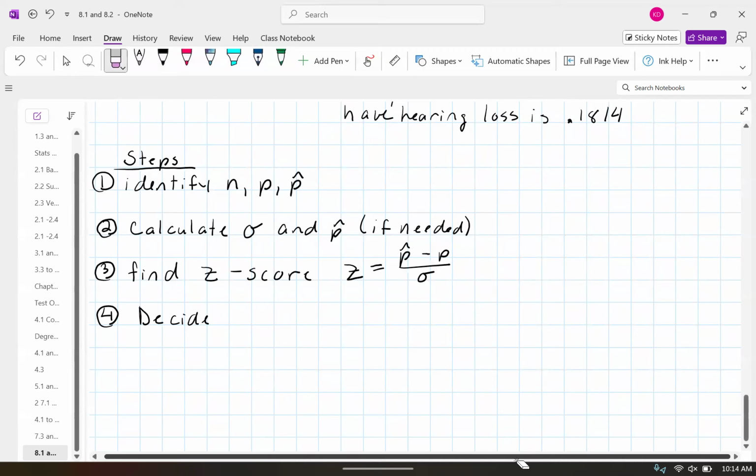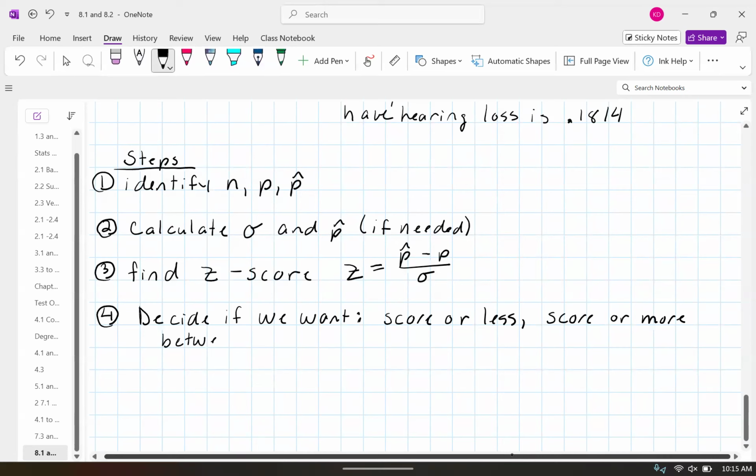Decide which side: either that score or less, that score or more, or between two scores.